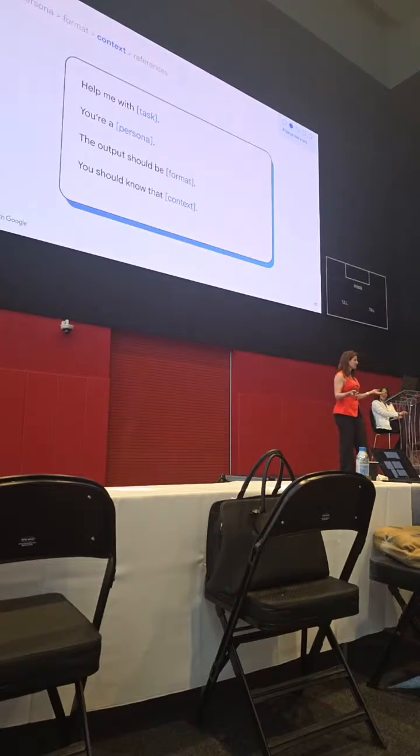In this case, you're a small business owner in Los Angeles, so it would be, also, you should know that I was significantly impacted by the January 2025 fires. And the more information that you can provide for the tool, the closer that output would be.